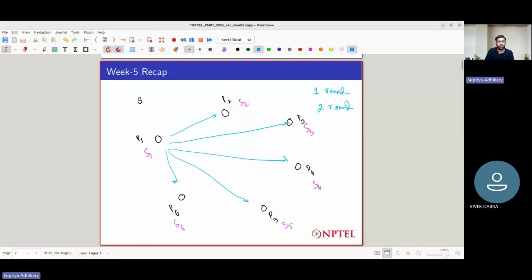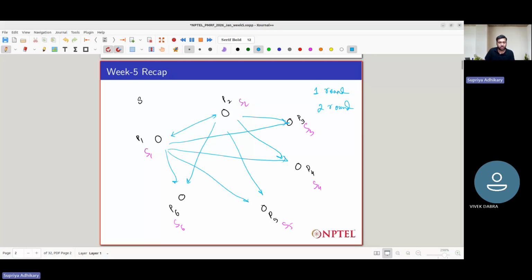P2 can send his share to each and every one of the other parties, like P1, P6, P5, P4, P3, and so on. So basically, each of the parties sends their share to every other party.